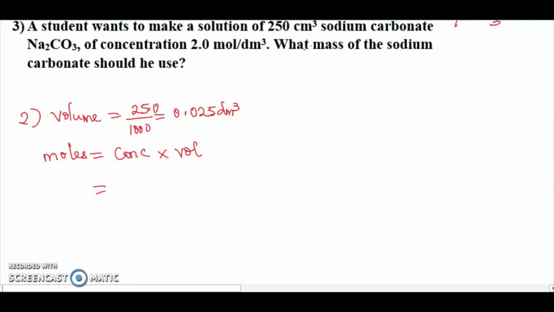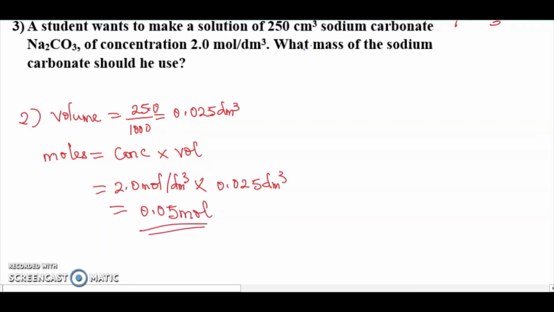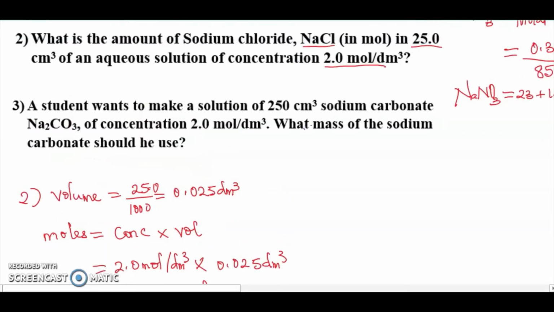The concentration is 2.0 mole per dm cube, multiplied by the volume 0.025 dm cube. And what do we have? We have 0.05 mole. So that is the number of mole of sodium chloride in that volume of solution.